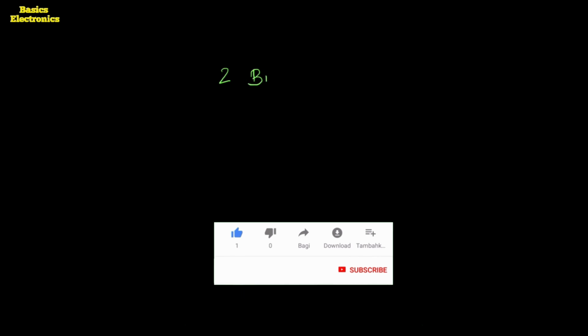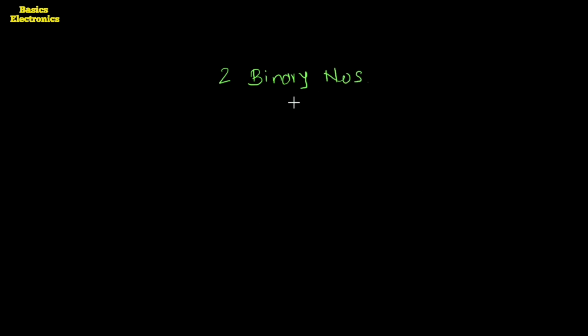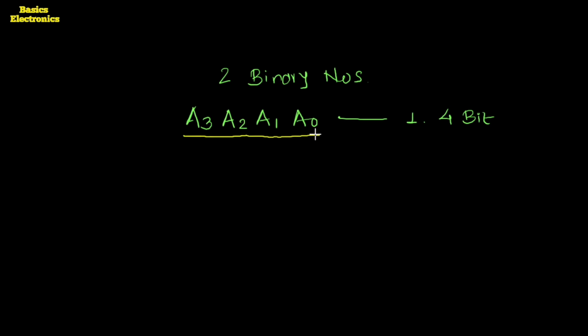For example, if we have two binary numbers, the first binary number is A3, A2, A1 and A0. This binary number has 4 binary bits, and these 4 bits are A3, A2, A1 and A0.